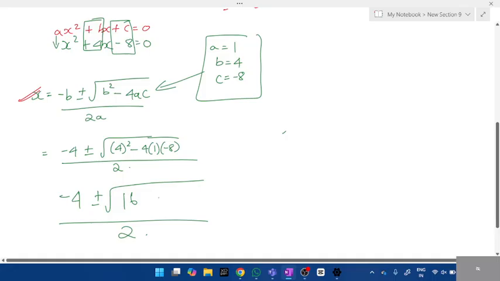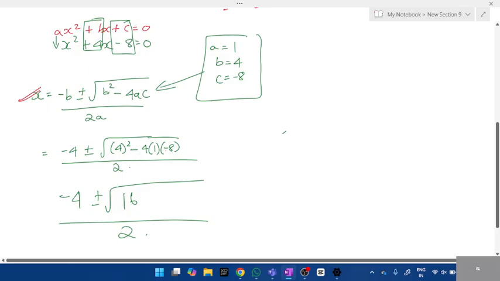Round it off to 2 decimal places. Joanna, Mariam, are you all doing it? Solving the questions? Okay. So what did you get here, students?